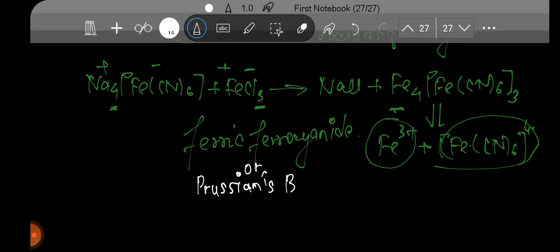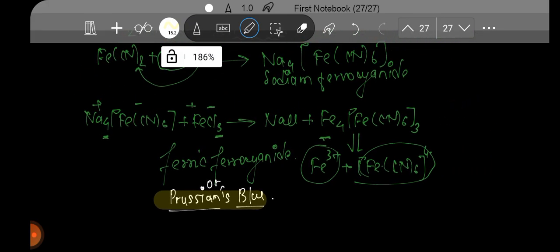I hope you will manage, my handwriting is not too good. I usually write cursive, and I'm trying my best to write simply. Prussian blue, which is simply blue in color.